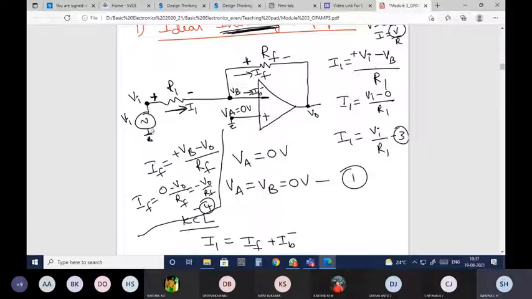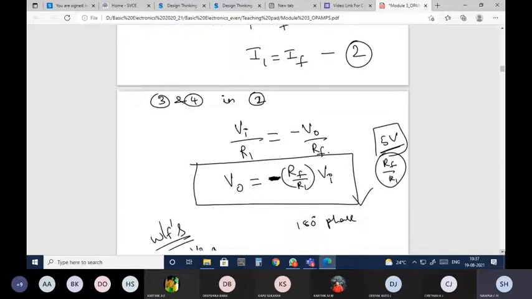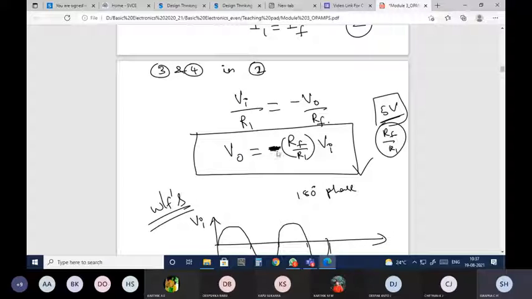To the inverting terminal, you have applied the input, and the non-inverting terminal is grounded. When you do that, what is happening? Your output is amplified, but you're getting a negative sign. So it indicates that it is having 180 degrees phase shift. That's why it is said to be the inverting amplifier circuit.